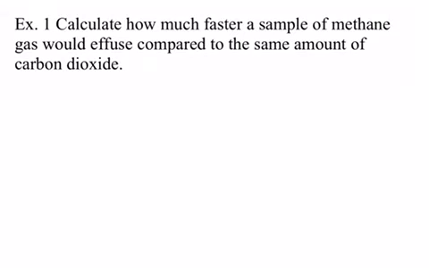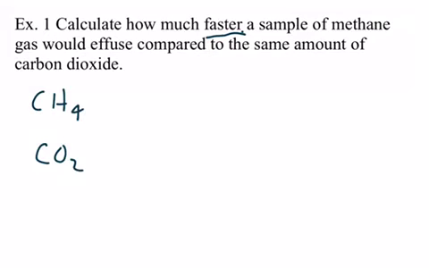We want to know how much faster a sample of methane, if you recall methane is CH4, will effuse compared to carbon dioxide gas. So here's what we're going to do. When you set the problem up, first I would advise to find the molar masses. Obviously, they're saying that methane is faster than CO2, and the assumption here is that methane is lighter. Well, we're going to prove it.